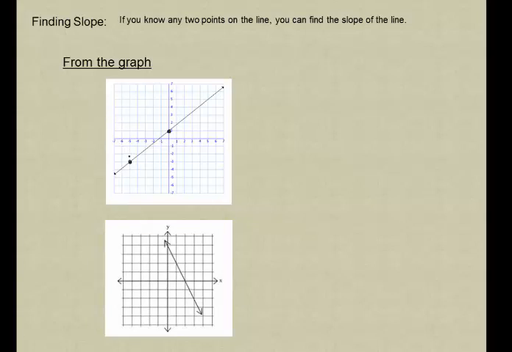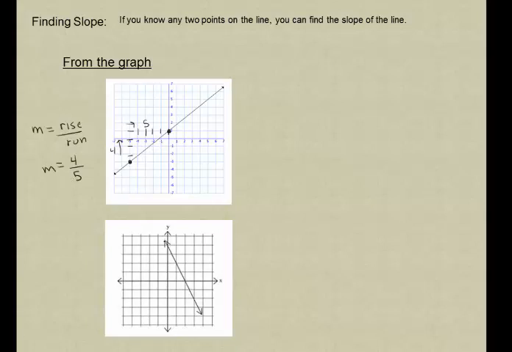Then we count 1, 2, 3, 4. So we go up 4 and then over 1, 2, 3, 4, 5, over 5. So our slope is rise over run. We went up 4, so that's positive 4, and we went over 5. So our slope is 4/5.